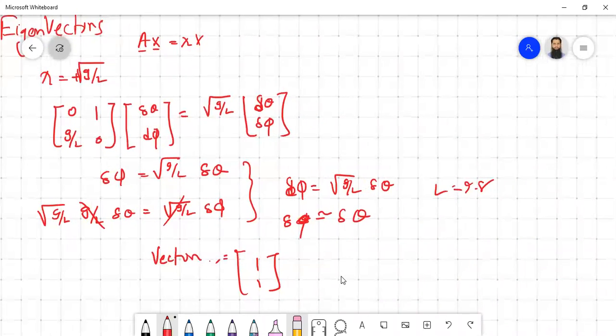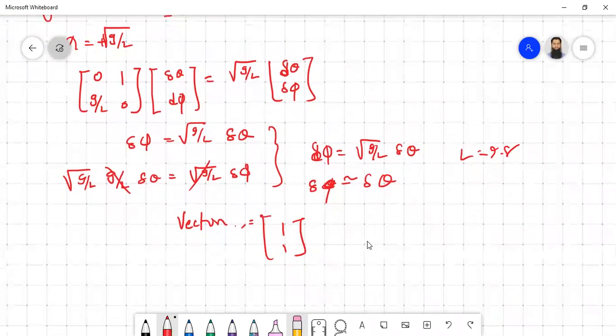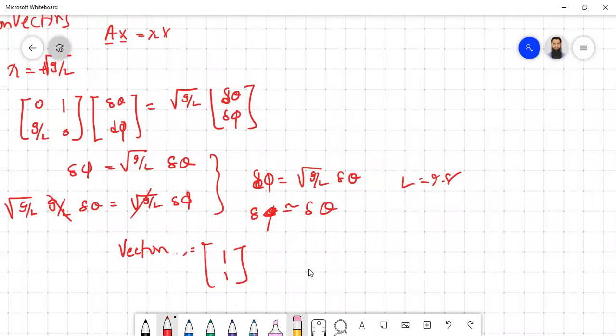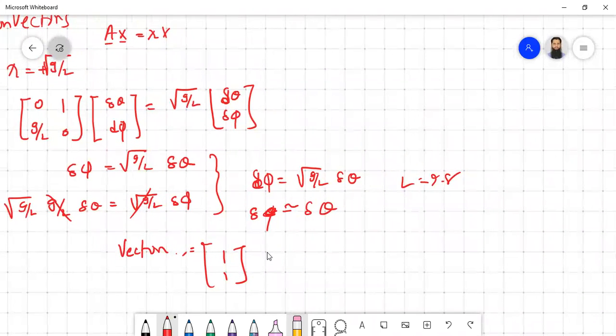Okay, so similarly, we can go for the next one. Let me do it side by side, it will be easier. So what will be the difference? For lambda equal to minus root over g by L, the difference will be only in the equation here. This portion will be minus.